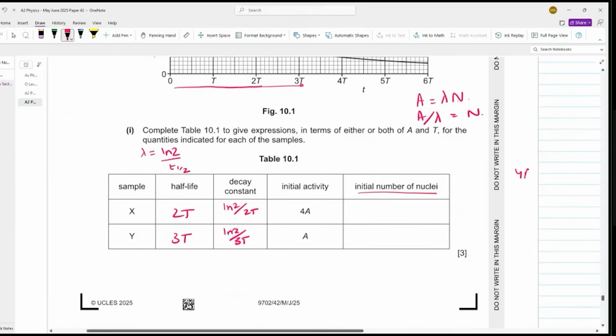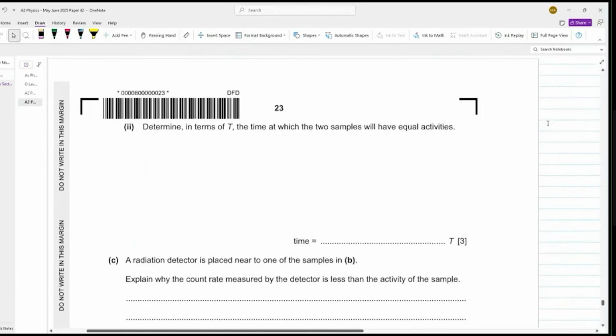So 4A divided by ln2 over 2T gets multiplied to the top side: 8AT divided by ln2 is the initial number of nuclei of X. You can do the same thing with Y. What is the activity of Y? A divided by ln2 over 3T. Multiply 3T to the top side: 3AT divided by ln2.